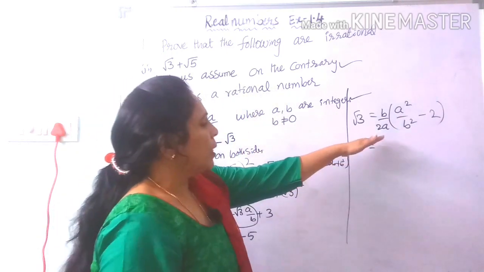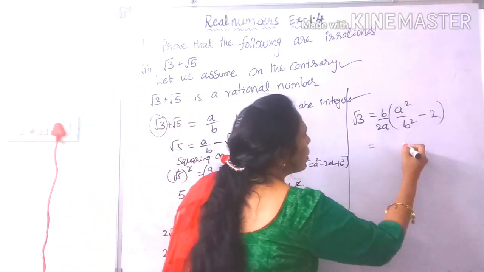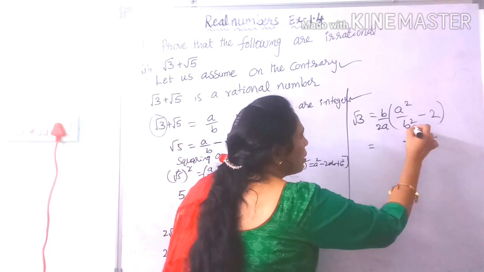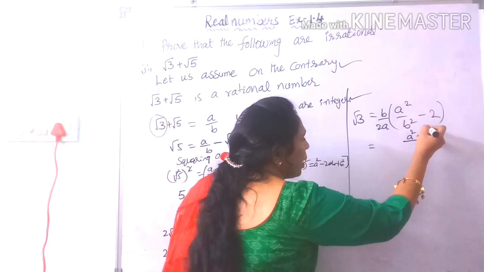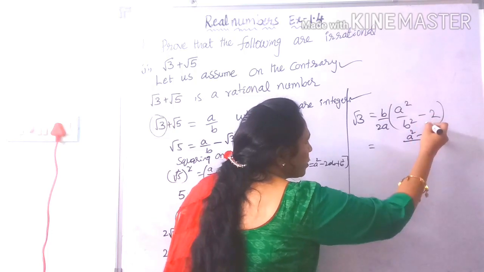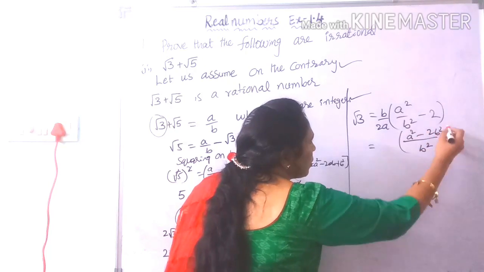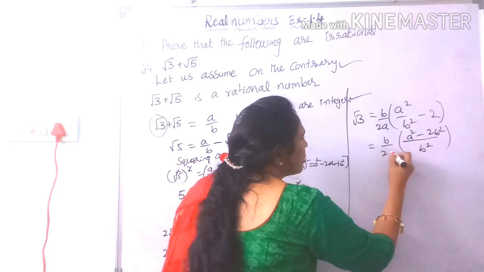So the LCM of this is b square. a square into a square minus the cross multiplication, b square into 2, 2b square. So b by 2a.